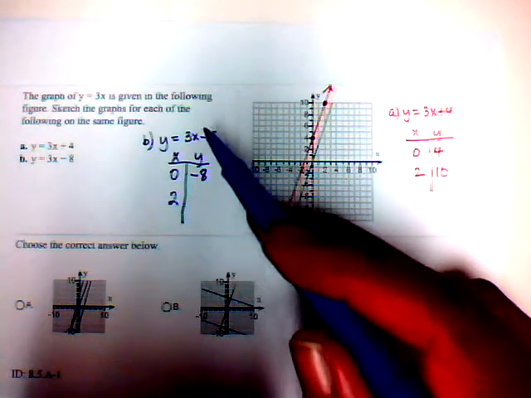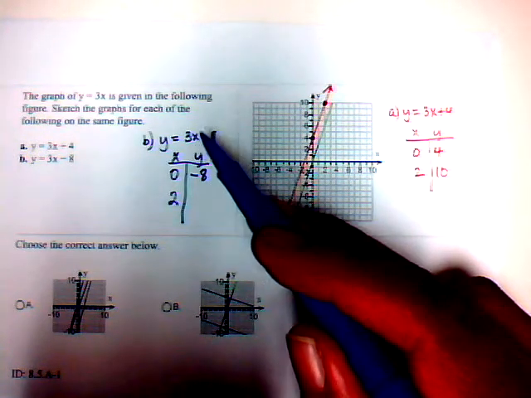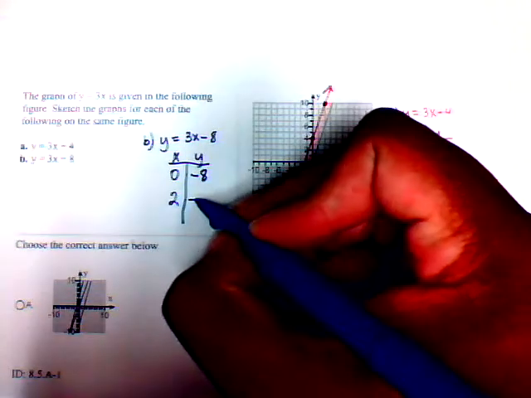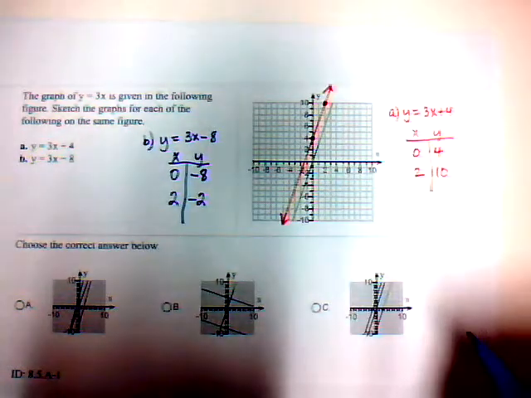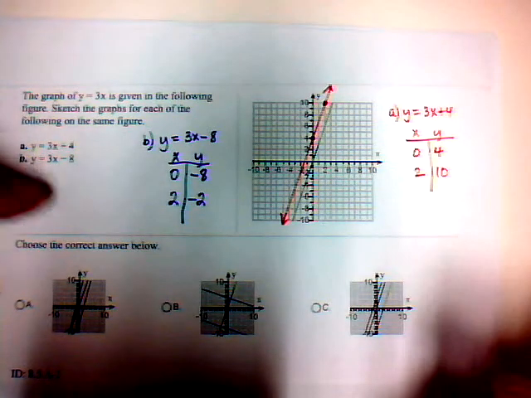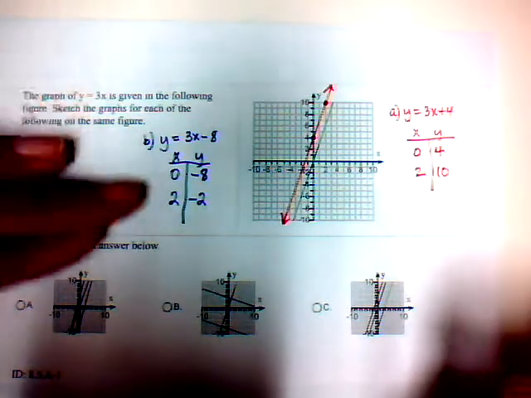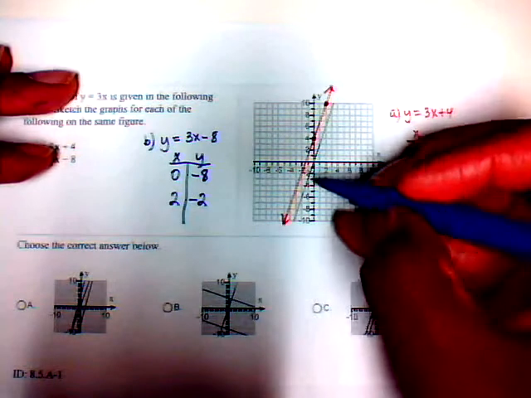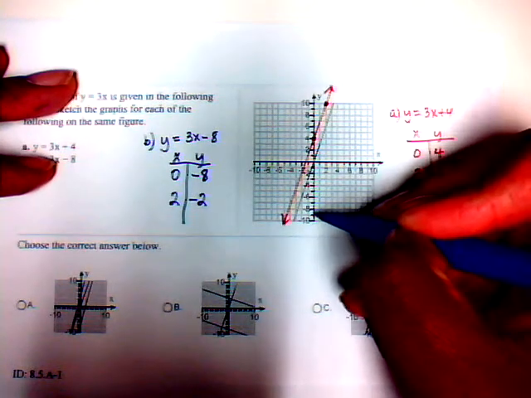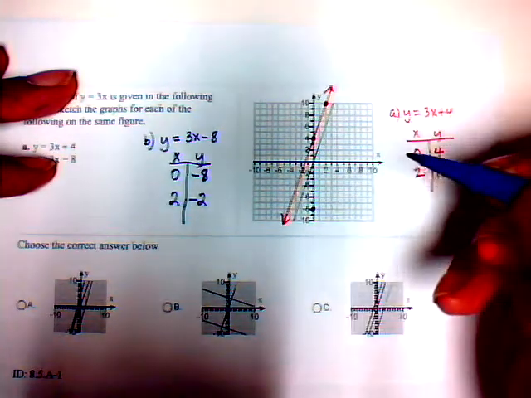And then for x equals 2, 3 times 2 is 6. 6 minus 8 will be negative 2. So 2, negative 2 is going to be another point that will be on the line y is equal to 3x minus 8. Now we can plot those 2 points here. 0, negative 8, you stay at 0, but you're going to go down 8 and draw the point.